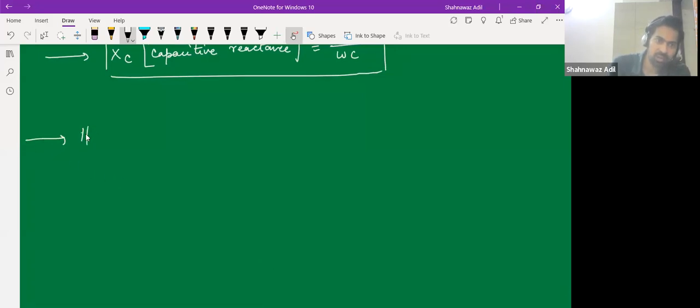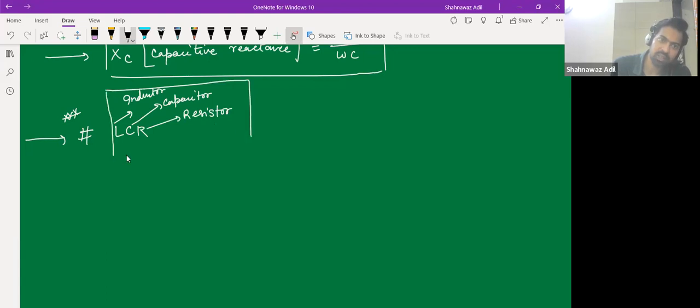So now, before we do this LCR circuit, the next topic, which is very important, is LCR. So we have this inductor, we have this capacitor, and we have this resistor. So all these things are there in the same circuit.